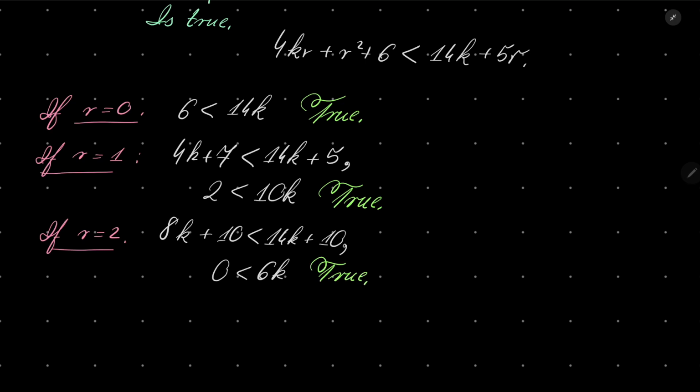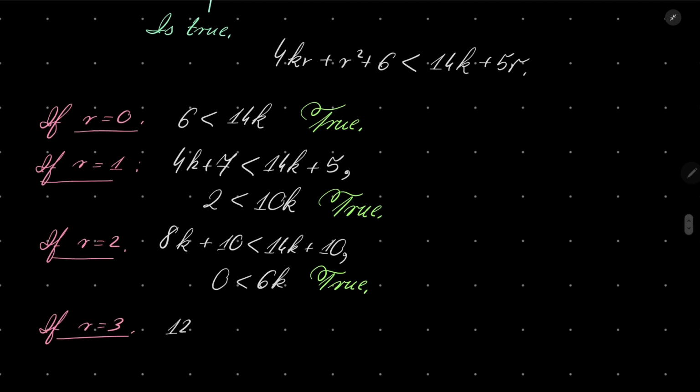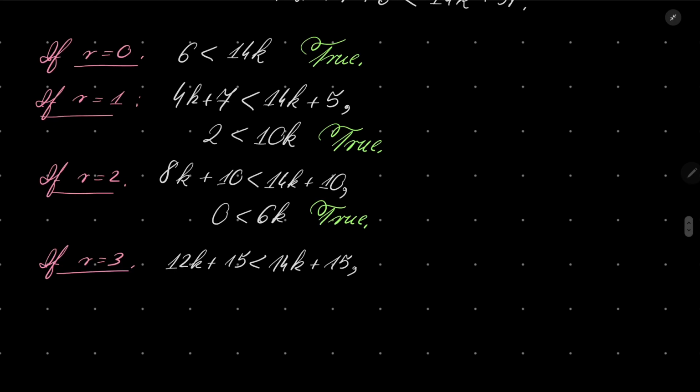And finally, the last case: if r equals 3, then we have 12k plus 15 less than 14k plus 15. So we have this time 0 less than 2k. It's also true.